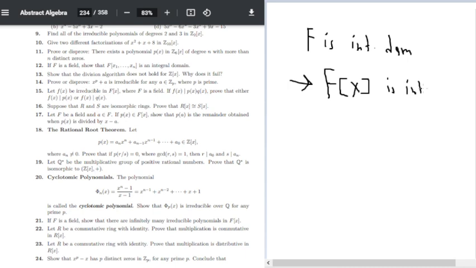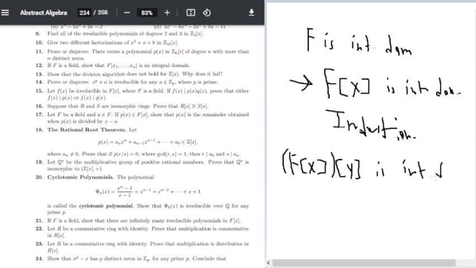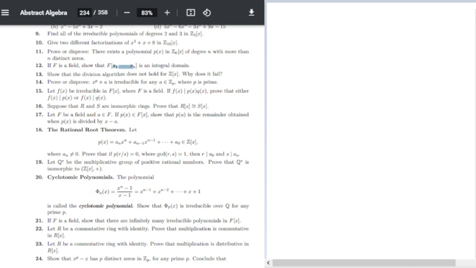So just by induction, we have that F[x, y] is an integral domain. We basically recursively apply the logic up there. And notice here that it specifies that we have a finite number of variables, so we can apply that recursive logic.